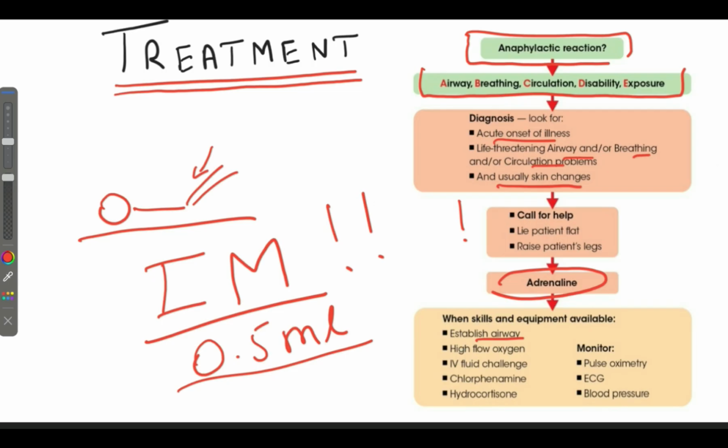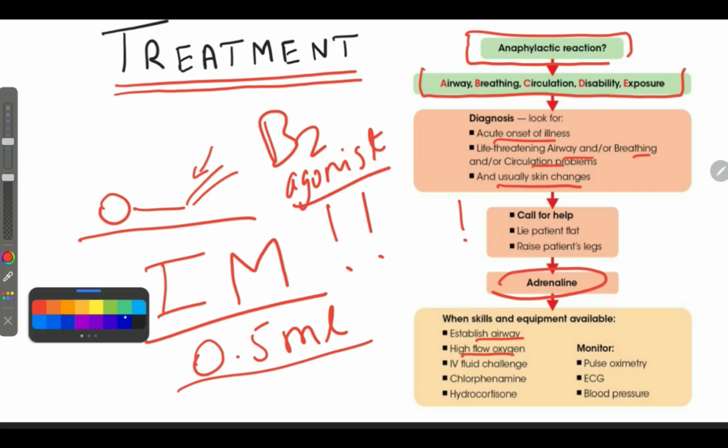And you give the patient high flow oxygen to help the patient breathe, because there is bronchospasm and the patient is unable to breathe. The patient is having low oxygen saturation, you need to offset that. And with this high flow oxygen, you have another option. You can give a beta 2 agonist as an inhaler.